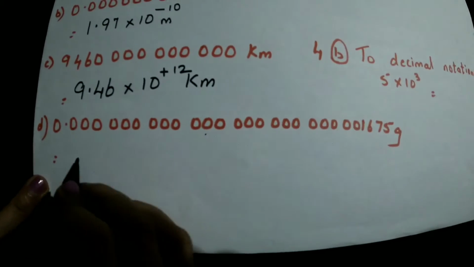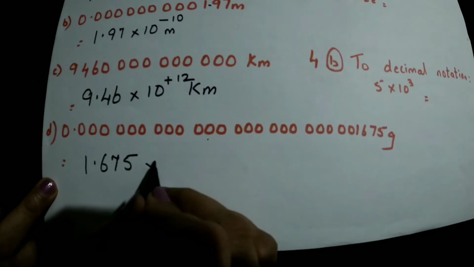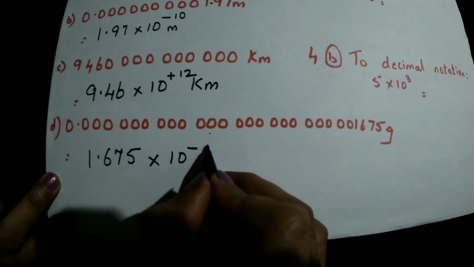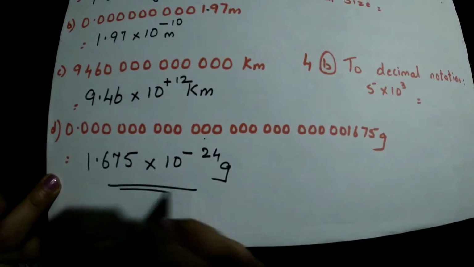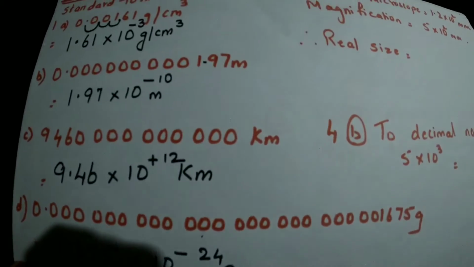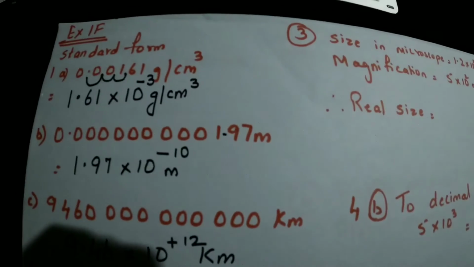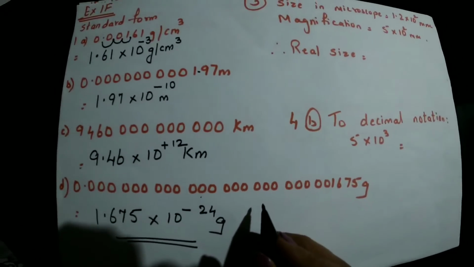Your decimal will come here. So 1.675 into 10 raised to minus 24 grams will be your answer. So this is the way we write standard form of a number. These are the basic 4 sums which are given in question number 1.